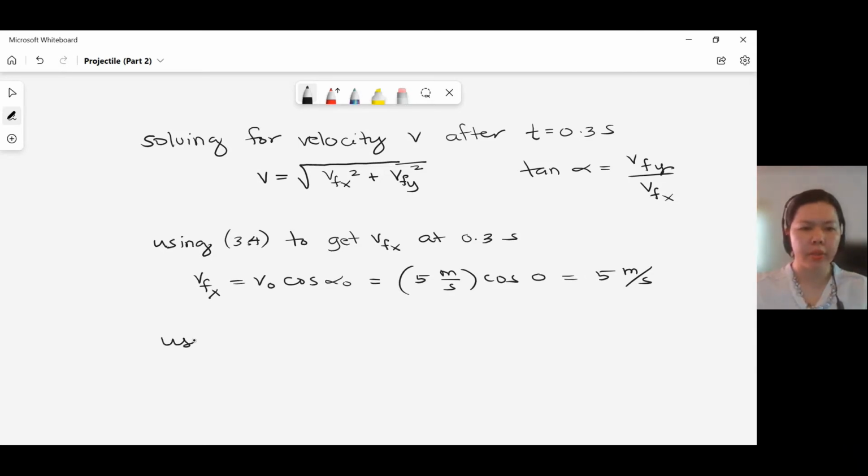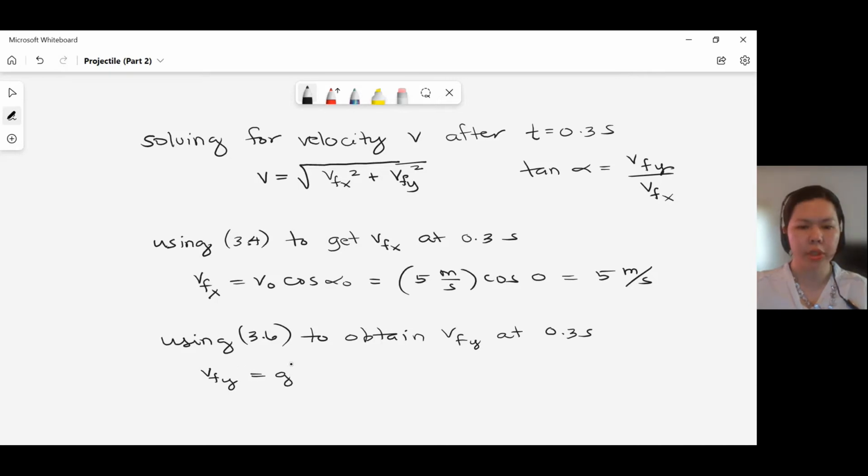And then using 3.6 to solve to obtain vfy at 0.3 second. We have equation 3.6. vfy is equal to g t plus v naught sine alpha naught.